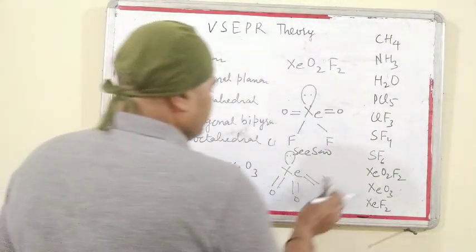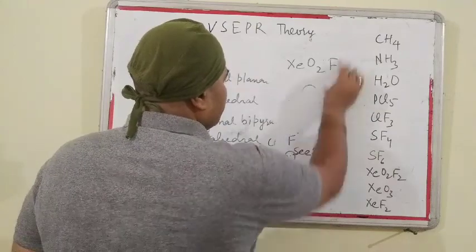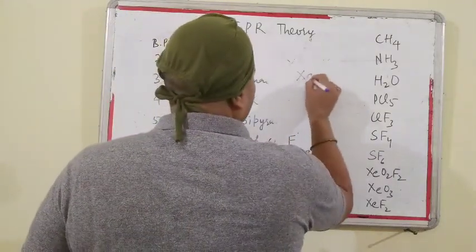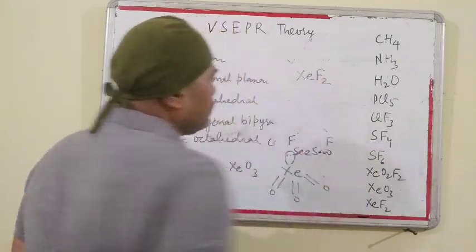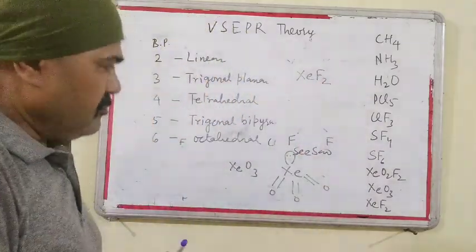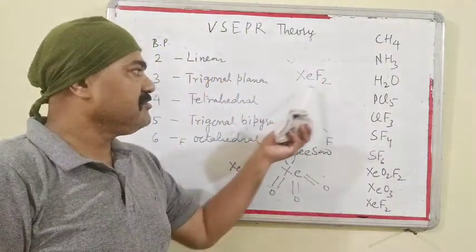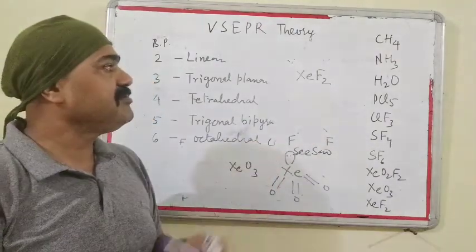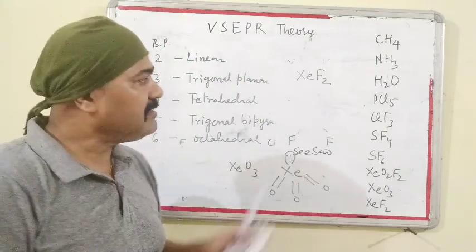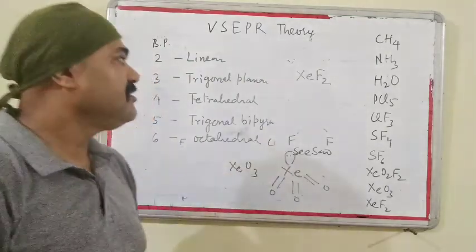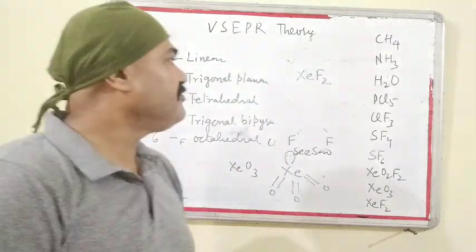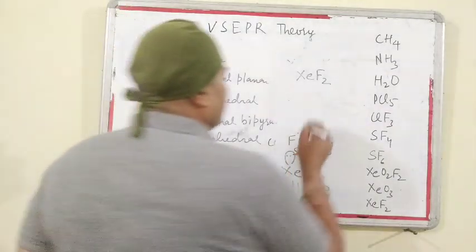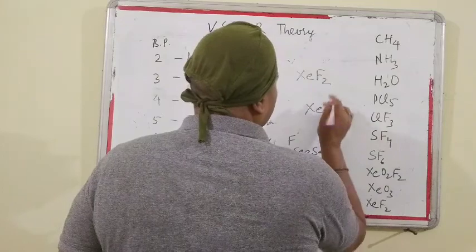Now another example, HCF2. Xenon has 8 electrons to combine with 2 fluorine atoms, and it is left with 6 electrons, and these 6 electrons remain in the form of 3 lone pairs. So its shape is linear.